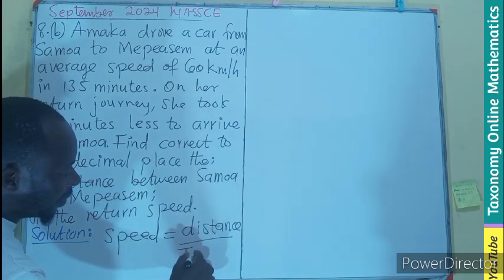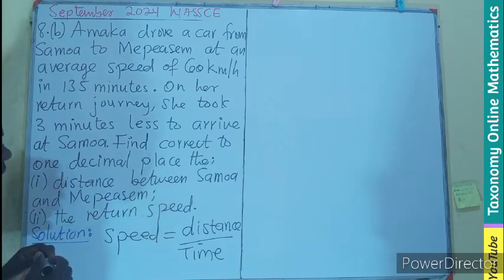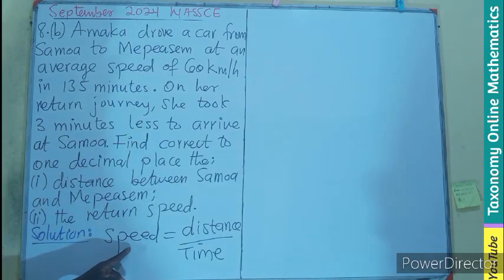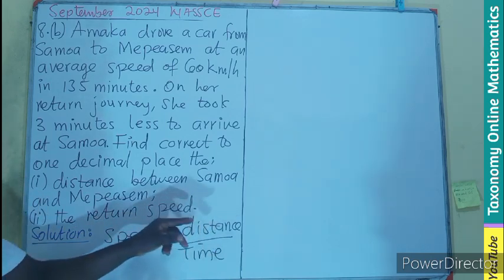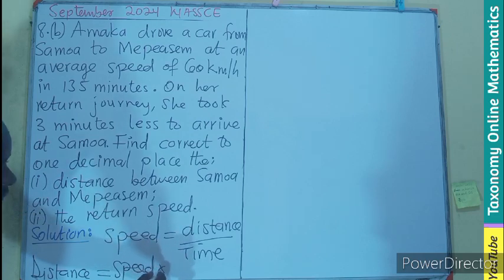over time taken, right? So in this case, the first question is asking for the distance. So we are not going to find speed, but rather the distance. Therefore, if you cross multiply here, your distance between the two towns can be calculated using the speed multiplying the time.